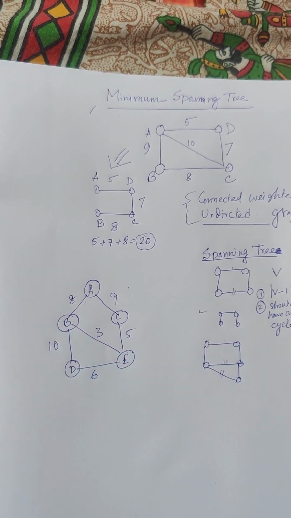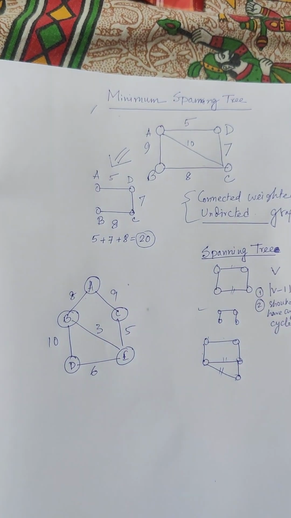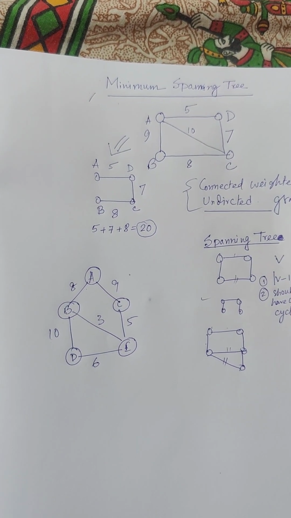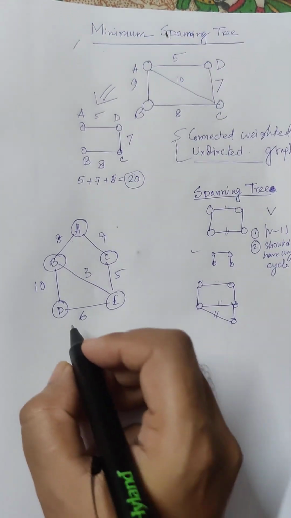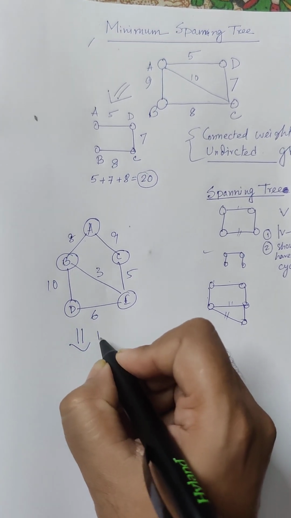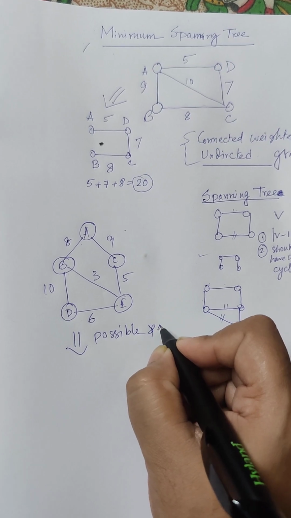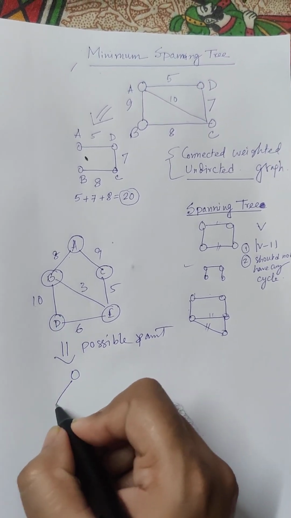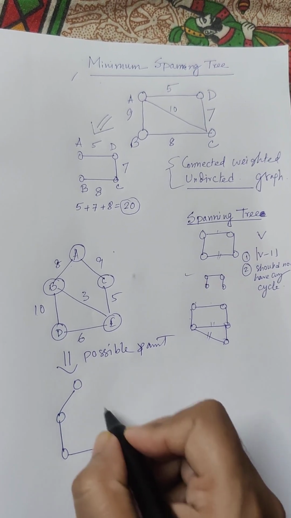So the question is, if we consider this problem, we might have a lot of spanning trees, right? There could be a lot of combinations. For example, one possible spanning tree is A, B, D, E, and this one.